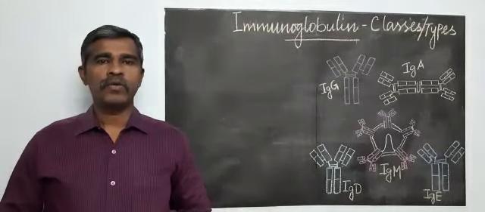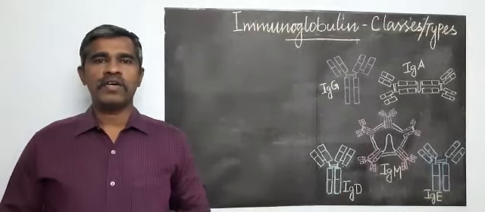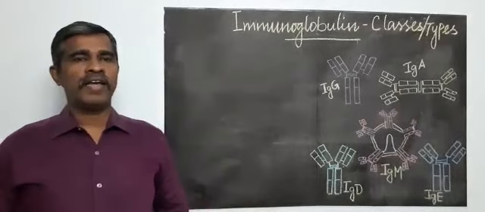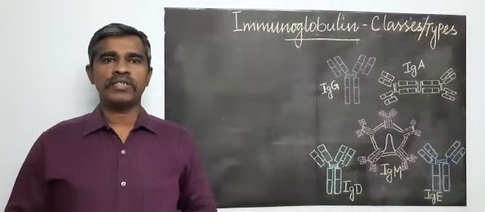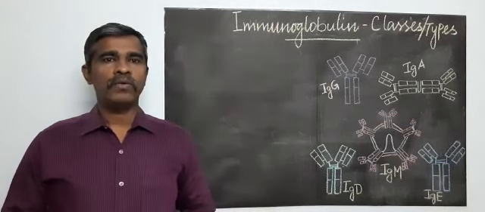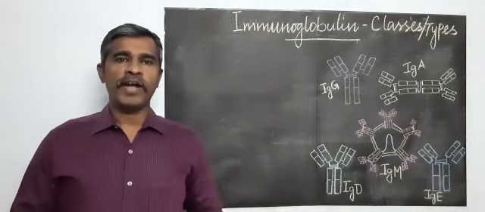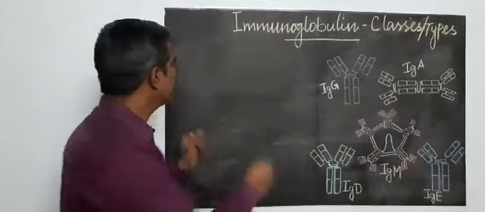Today we are going to see about the classes or types of immunoglobulins. In the last class we have seen about the structure of immunoglobulin, and now we are going to discuss its types. There are 5 different types of immunoglobulin.